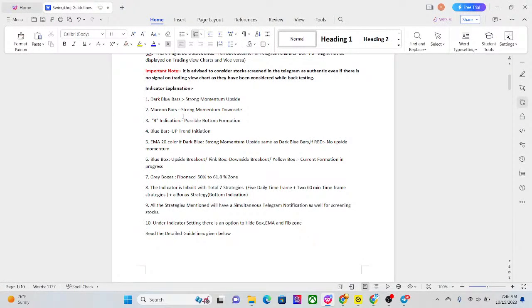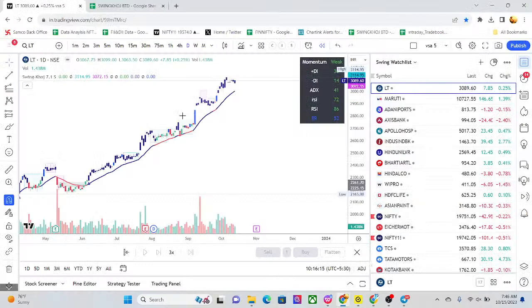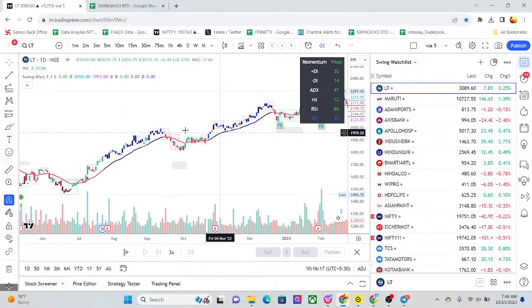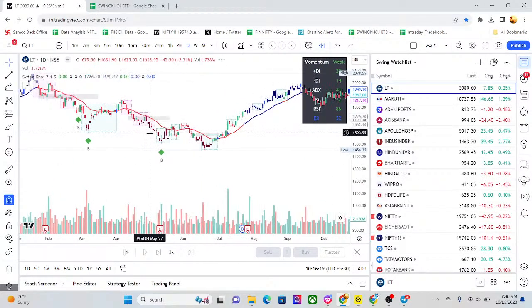Then we have maroon bars. Maroon bars indicate strong momentum to the downside. You can see maroon bars here saying that there is a strong momentum to the downside.